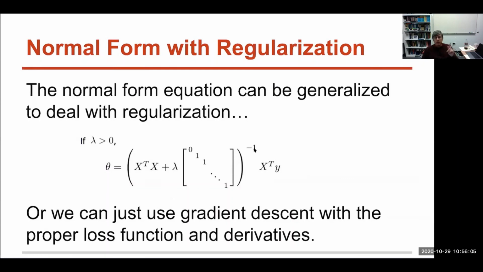It's easy for me to see how you can incorporate regularization in gradient descent search, in the parameter searching way of identifying models. It's less obvious how you can incorporate that into the linear algebra method.